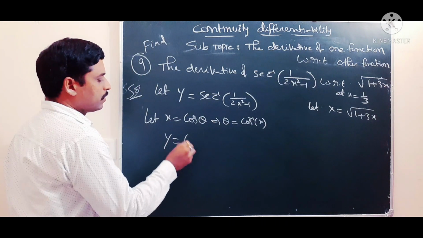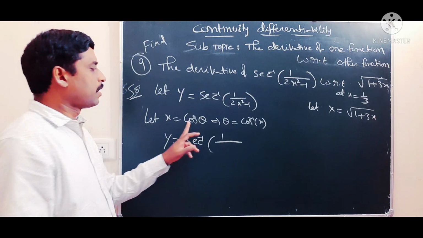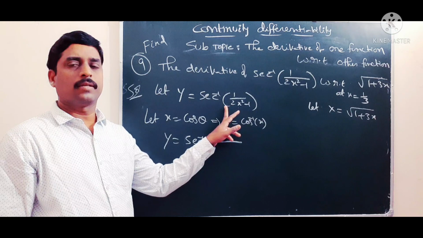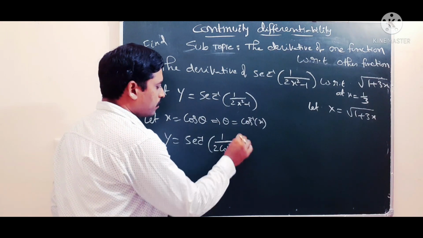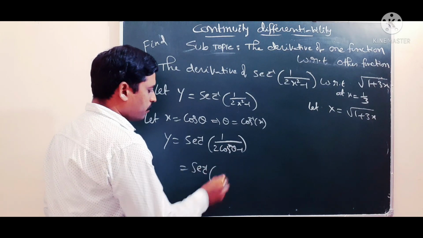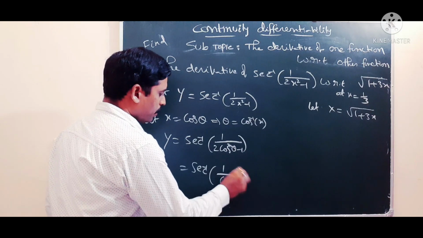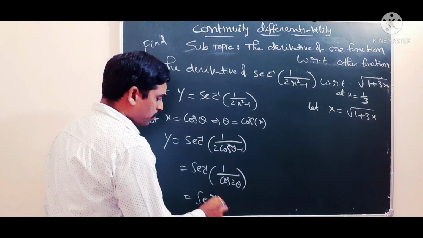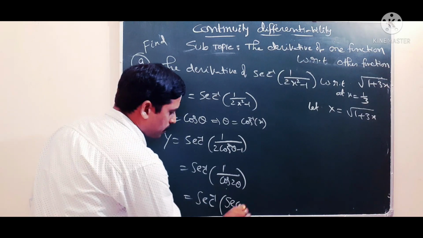So y is equal to secant inverse of 1 by, writing the expression, 2 cos square theta minus 1. So this will be secant inverse of 1 by cos 2 theta. 1 by cos 2 theta is nothing but secant 2 theta.